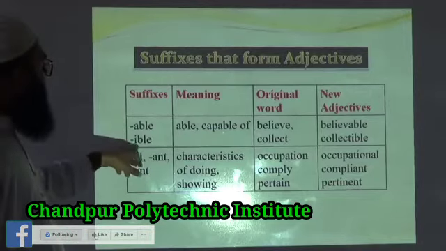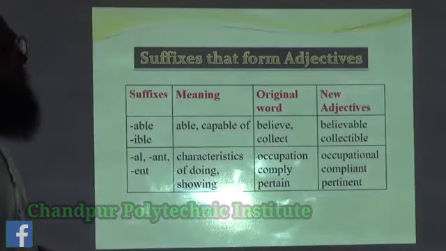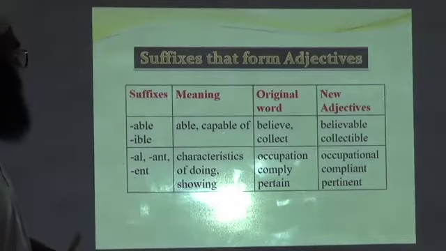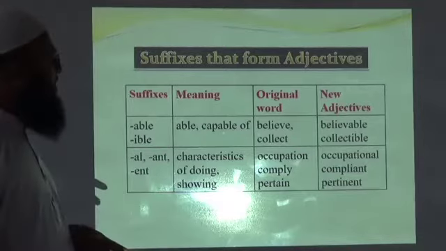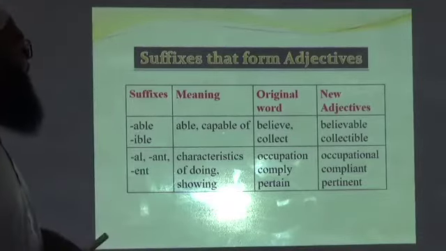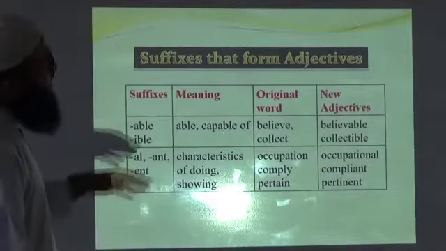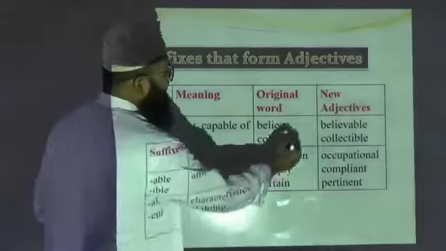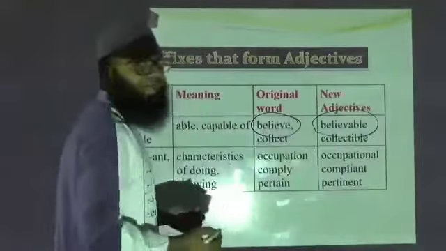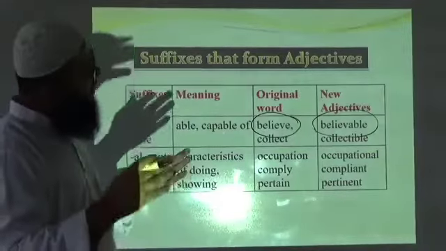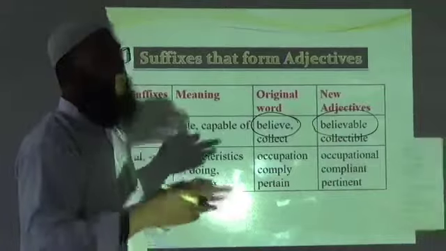Okay. ABLE, IBLE means able or capable, that is power of doing something. Believe to believable, collect to collectible. Believe, বিশ্বাস করা, verb. Believable is the adjective. Believable means the quality of believing something.